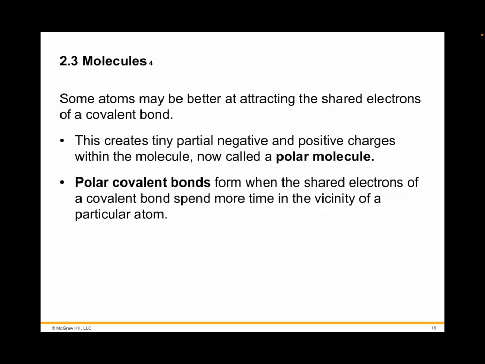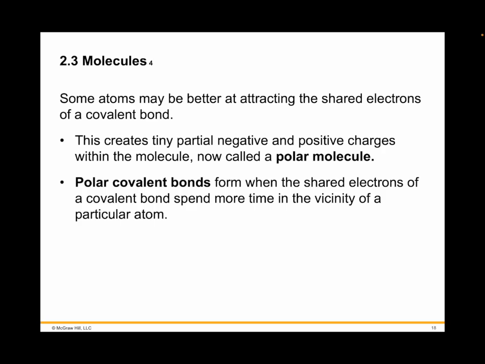Now, polar covalent bonds. When covalent bonds form between 2 atoms, one nucleus may be much better at attracting the shared electrons than the other. In water, for example, the shared electrons are more strongly attracted to the oxygen atom than the hydrogen atoms. When this happens, shared electrons spend more time in the vicinity of the oxygen atom, making it somewhat negative in charge.